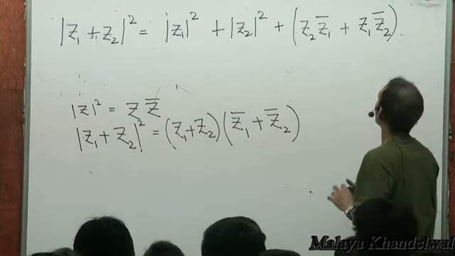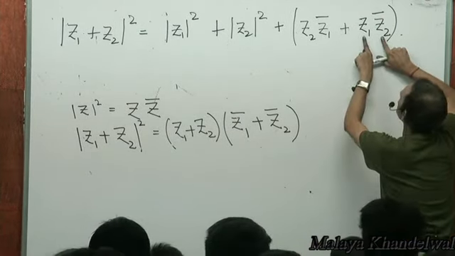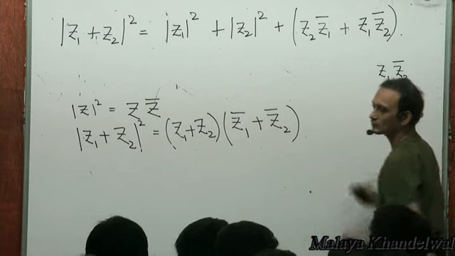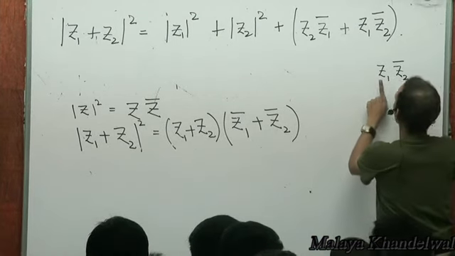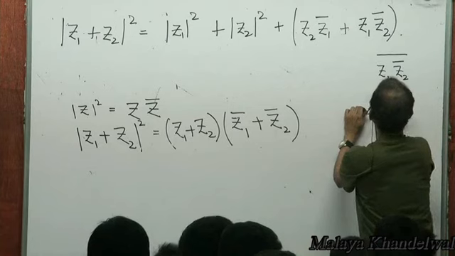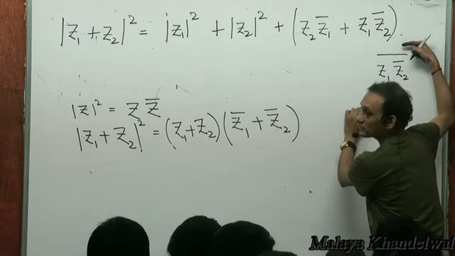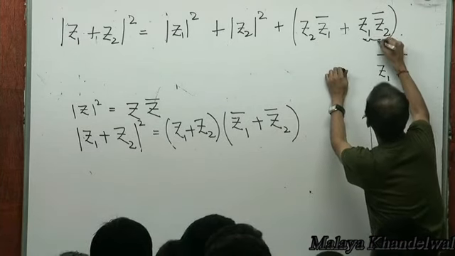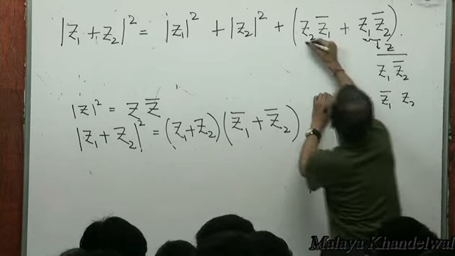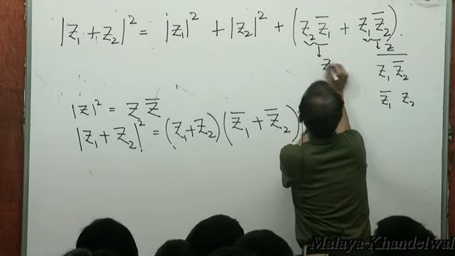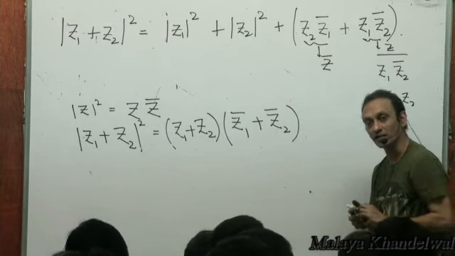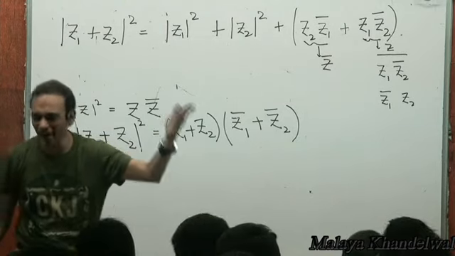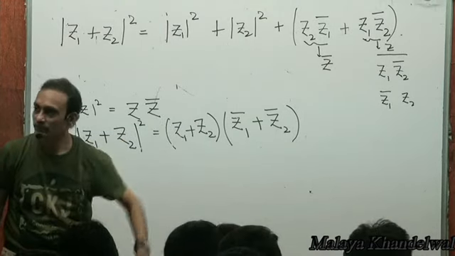Yes or no? If I take the bar of z1 z2 bar, what will I get? Z1 bar, z2 bar bar, which is z2, right? Which is this number. So if this is z, then this is going to be z bar, right? Z plus z bar will be twice real z. Yes or no?